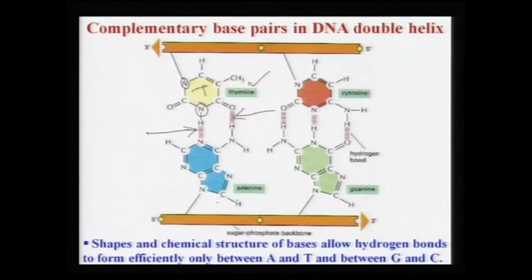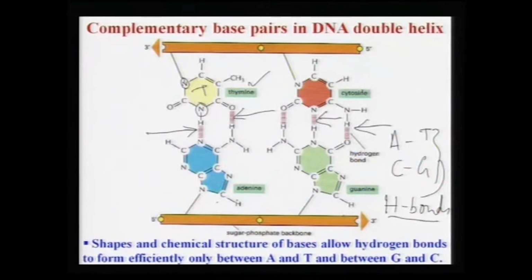Another thing that you notice here is that in the base pairing between A and T, there are hydrogen bonds. So, these are non-covalent bonds or weak bonds. Between C and G, that is also again hydrogen bonds. One of the uniqueness of hydrogen bonds is that they can be broken if so desired.